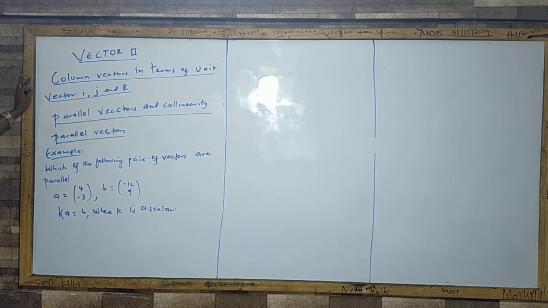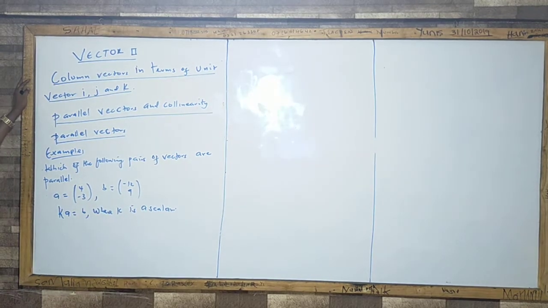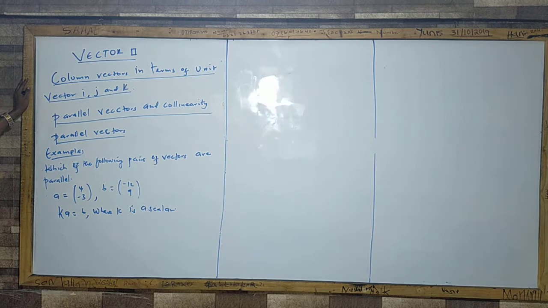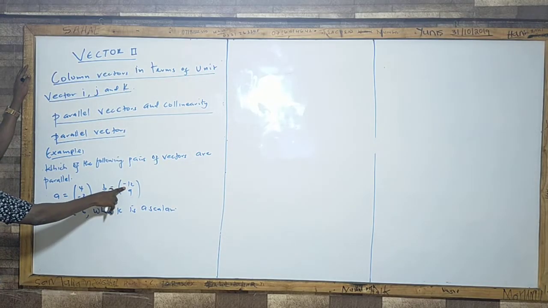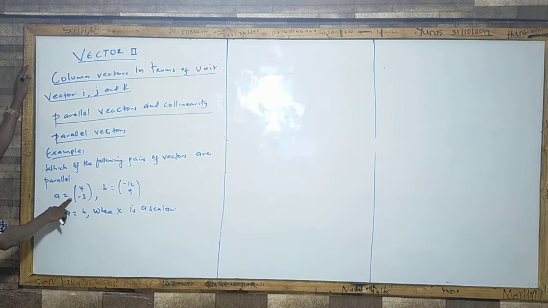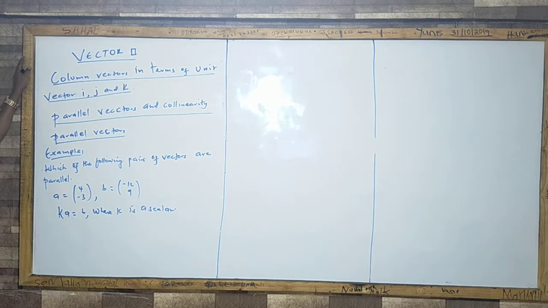Which means if a certain scalar is multiplied by this one, it will give you this one, then those two vectors are parallel. Or if the scalar times this is equated to this one, and if you multiply the scalar by this one, then you equate to this one and get the same value with the same sign.